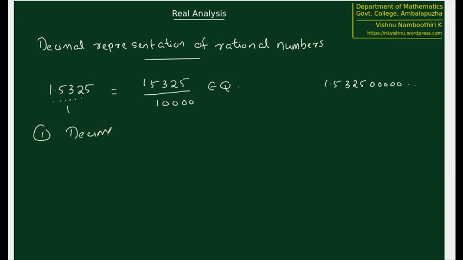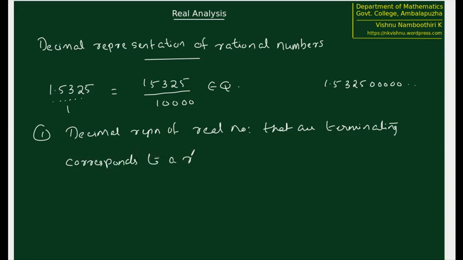So decimal representation of real numbers that are terminating in the above sense, after a finite stage everything becomes 0, corresponds to a rational number.